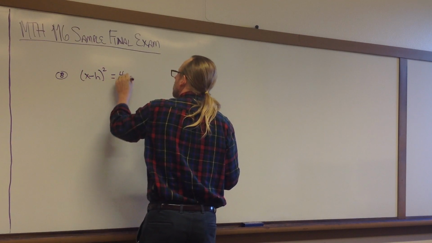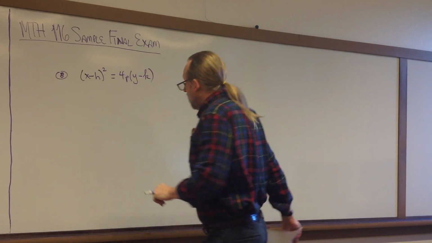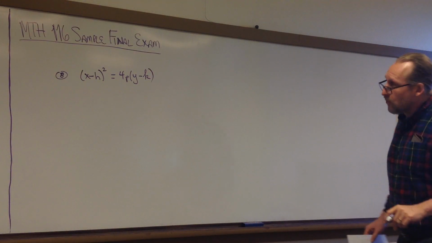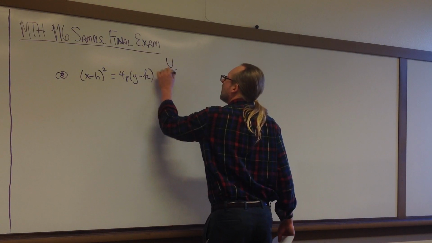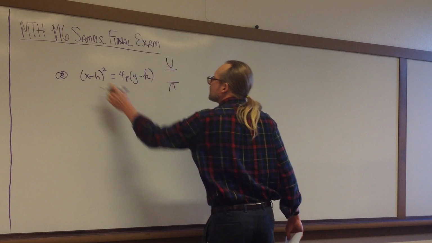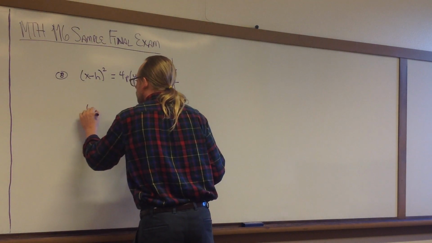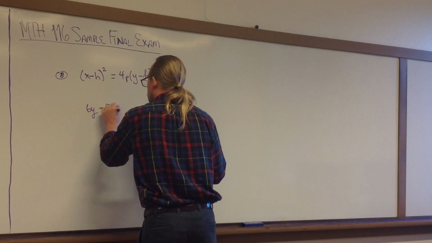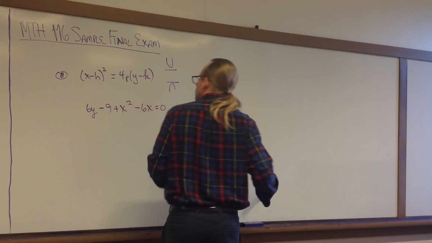You know there are other possibilities depending on how the parabola is oriented, but this one is either going to be up or down because the x is being squared. Or, yeah, and in the problem we can see that the x is being squared. Plus x squared minus 6x equals 0.